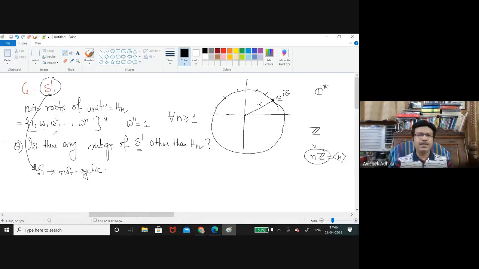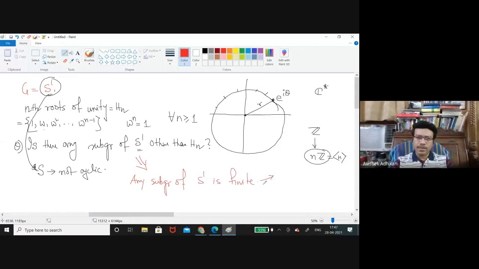But you say that your answer is correct. That means all the subgroups of S1 must look like this for some n. That means you want to say that all subgroups of S1 are finite. Is it true? From his derivation, it follows that any subgroup of S1 is finite.